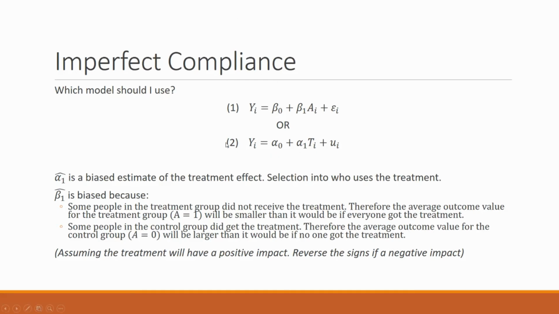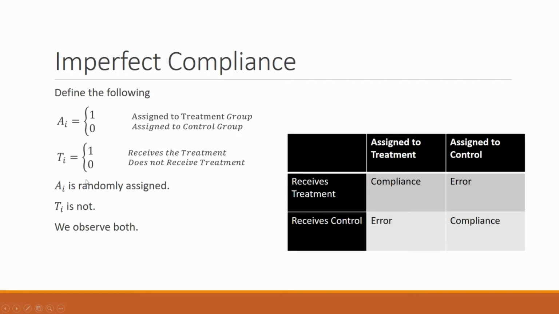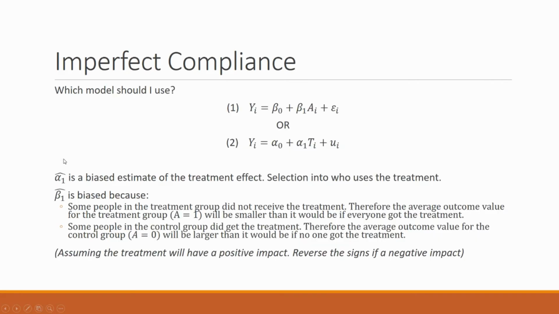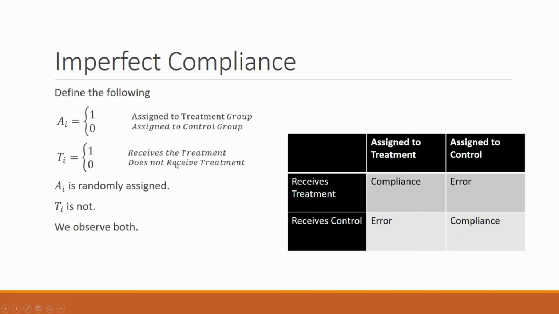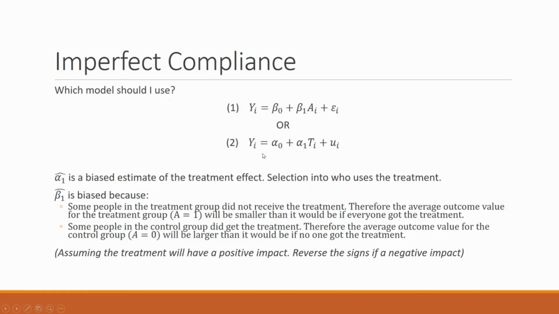Let's say we ran the second regression and we use T as our independent variable. We know from the discussion on this page that T is not randomly assigned. So if we run this regression, we'll get an estimate of the relationship between the treatment, let's say textbooks, and test scores.